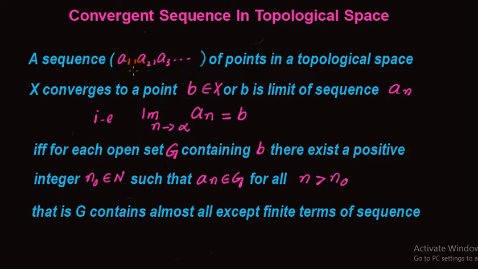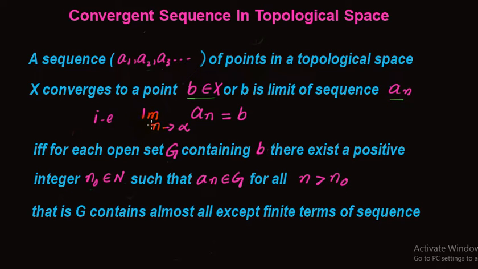A sequence whose terms are a1, a2, a3, and so on, of points in a topological space X converges to a point b belongs to X, or b is the limit of the sequence an.